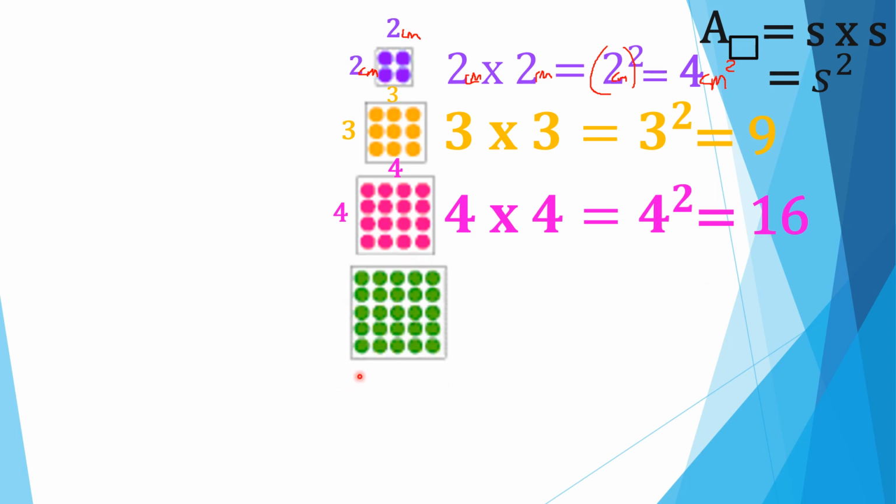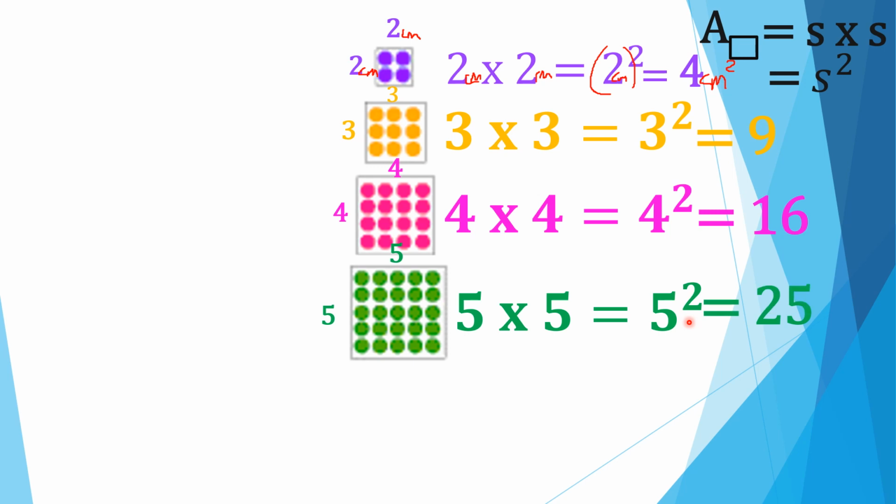Next, this is 1, 2, 3, 4, 5. 5 units by 5. So that is equal to 5 times 5 is equal to 5 squared. 5 squared is equal to 25.